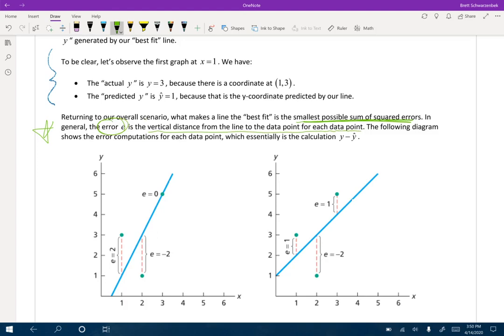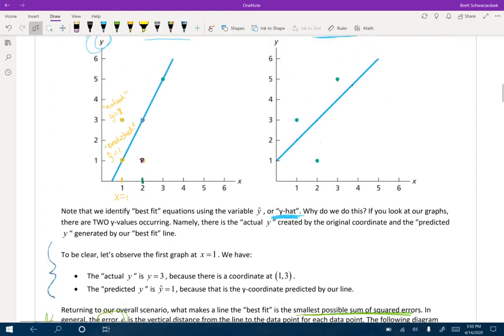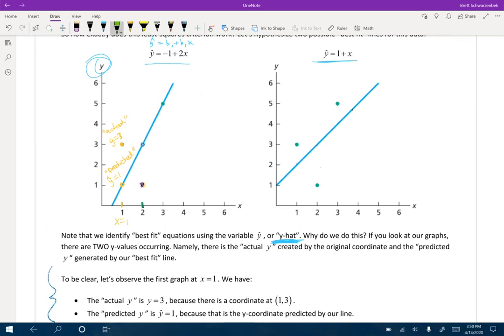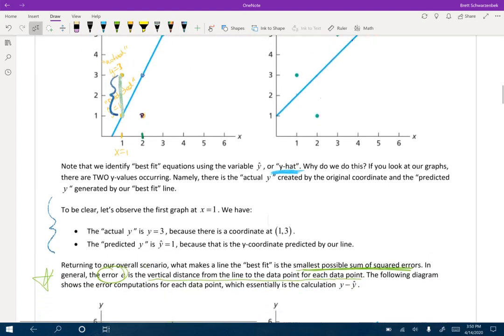Okay, so just to be clear, if we go back to this example right here, you notice we have the actual y and the predicted y. Well, this distance right here is the error. So the vertical distance from here to here is going to be the error in this scenario. And you can clearly see that there's a distance of 2 going on there.